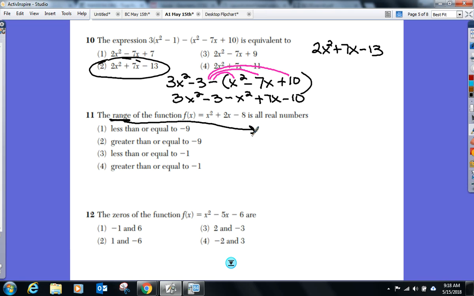Range. Which values? Y values. So tell me something about the y values of this equation. I would simply go to the graph here and look at your graph right now, everyone. Look at your graph, and I'll do the same thing. Tell me something about the y values. Graph it, and let's talk.